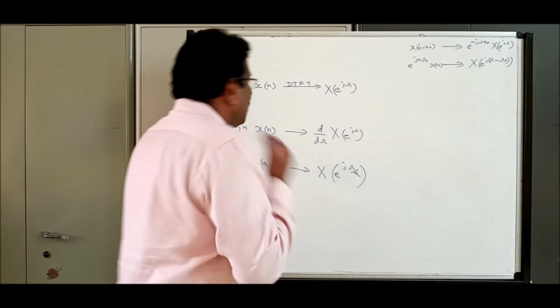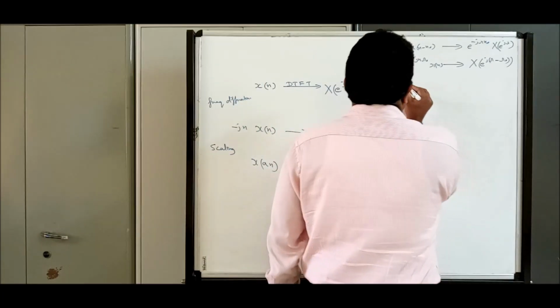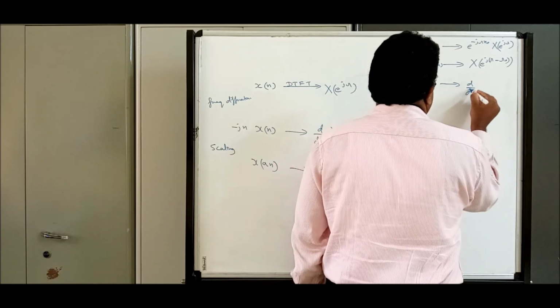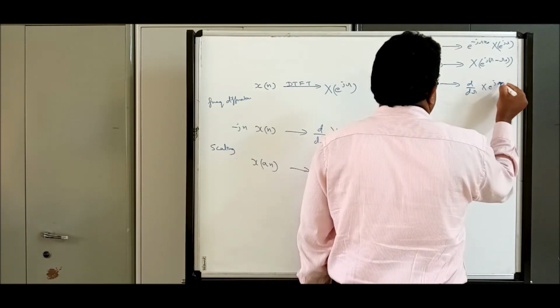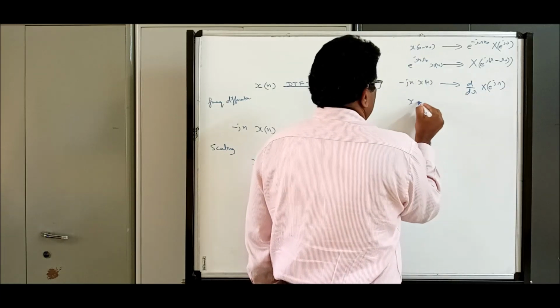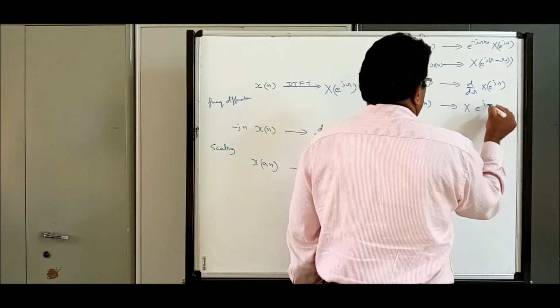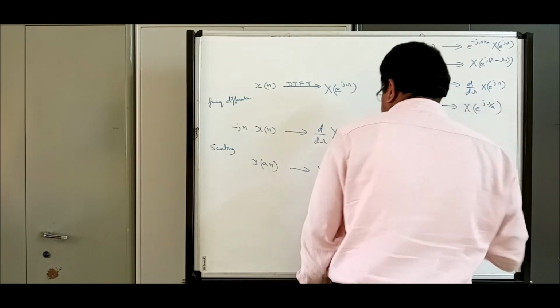Let me make a note here. Minus jn x of n is d by d omega X of e power j omega. x of an is nothing but X of e power j omega by a.